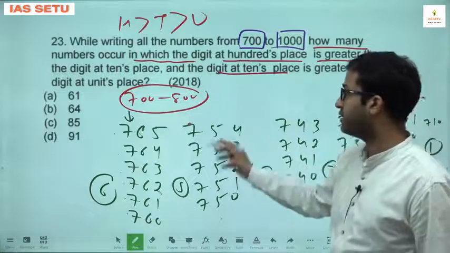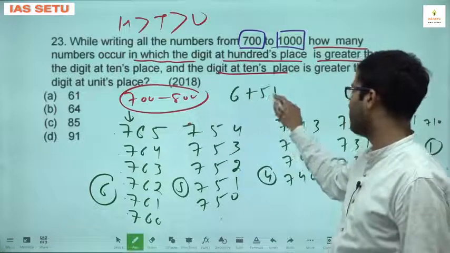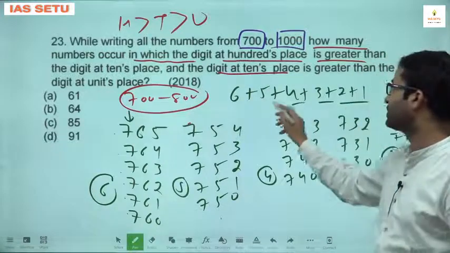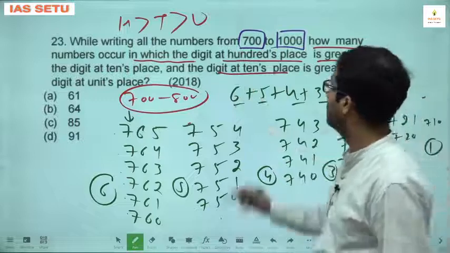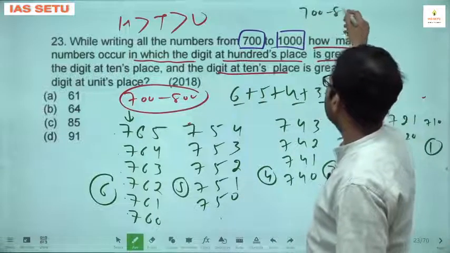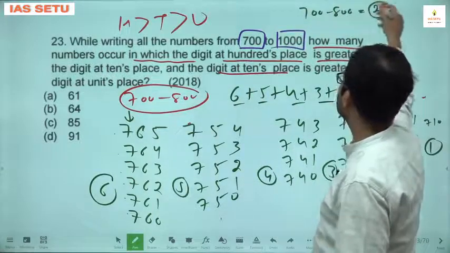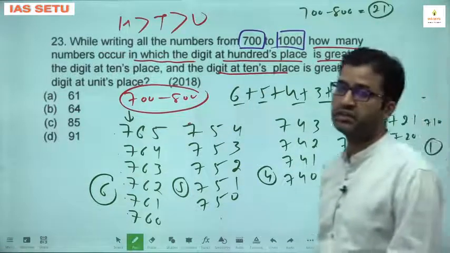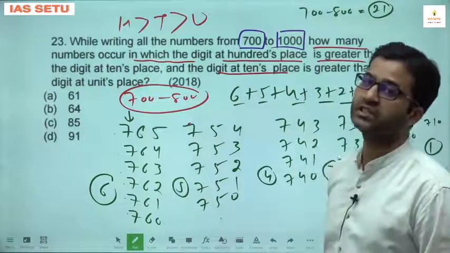So between 700 and 800 we have 6 plus 5 plus 4 plus 3 plus 2 plus 1. 3, 6, 10, 15, 21. So between 700 and 800 we get 21 such numbers which satisfy this question, where 100 place digit is greater than 10 place and 10 place digit is greater than unit place.